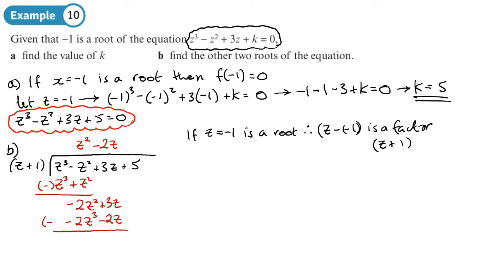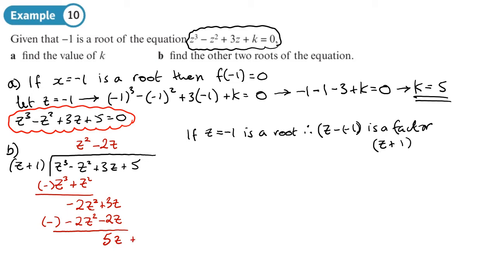Now we're going to subtract. I keep putting the wrong power down, that's squared. I said squared and I wrote cubed. Right, okay, so the z squareds will cancel. I end up with 3z minus negative 2z, which is plus, which gives me 5z.